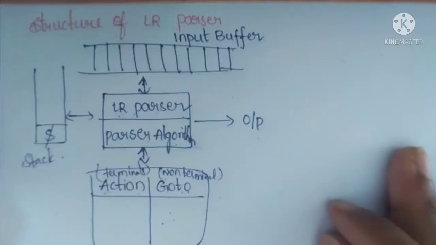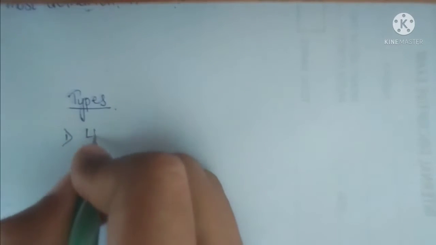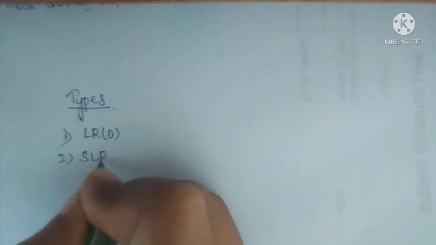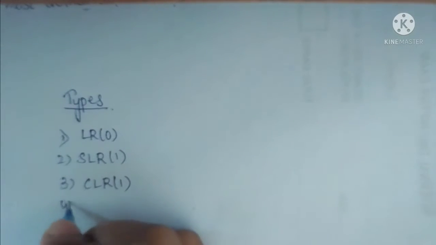In the LR parser we have different types. The first one is LR0, the second one is SLR, the third one is CLR, and the fourth one is LALR.